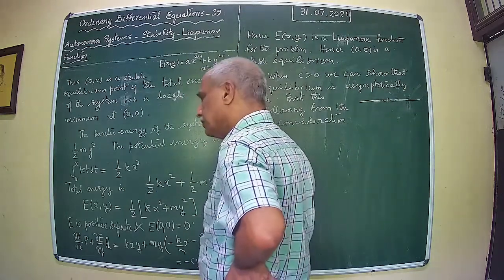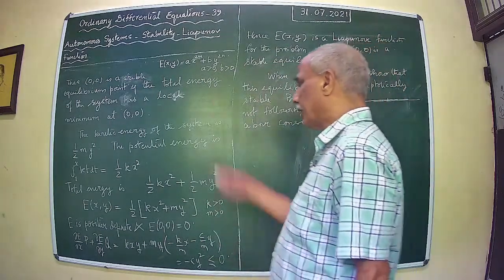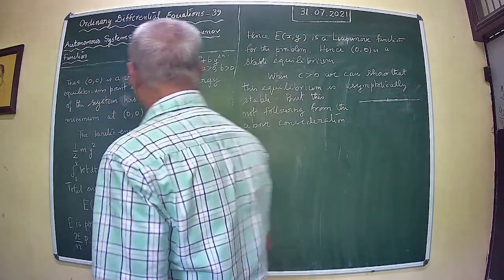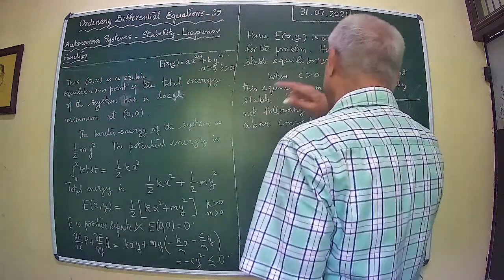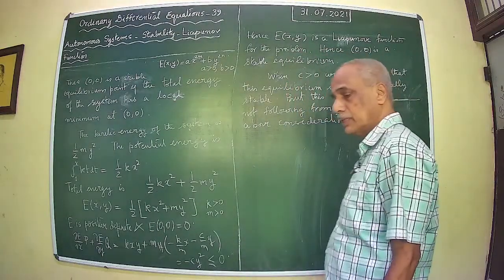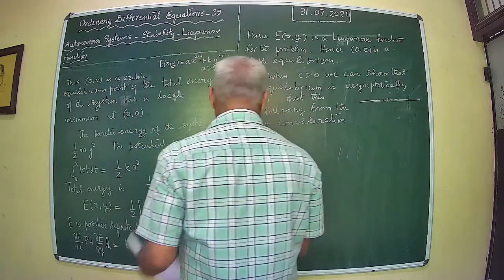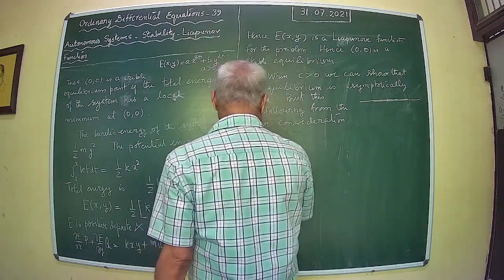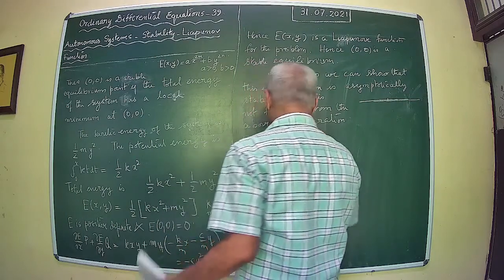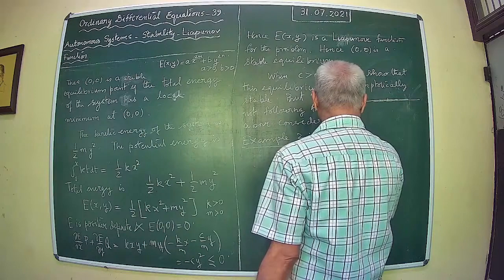Since it is negative semi-definite, you cannot apply the theorem to conclude that it is asymptotically stable, whereas you can independently prove that it is asymptotically stable. That is what we can do. Now we look at another example. Consider this equation.